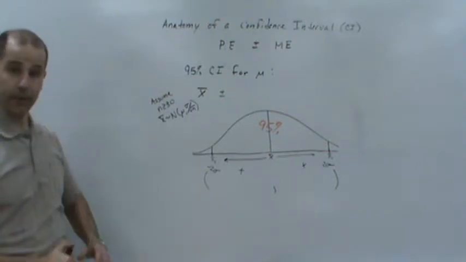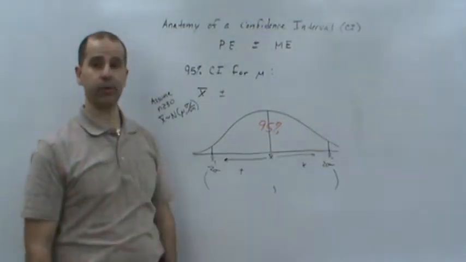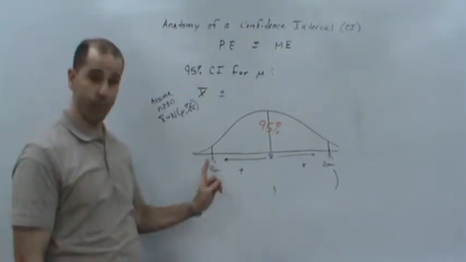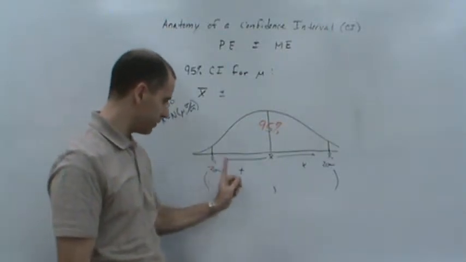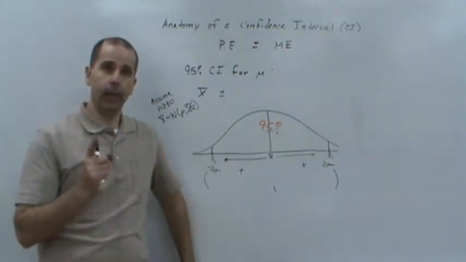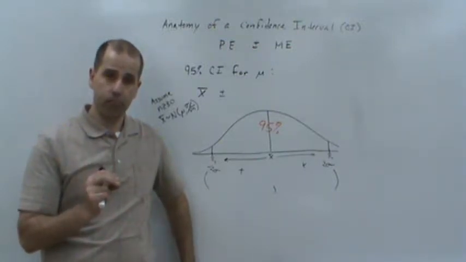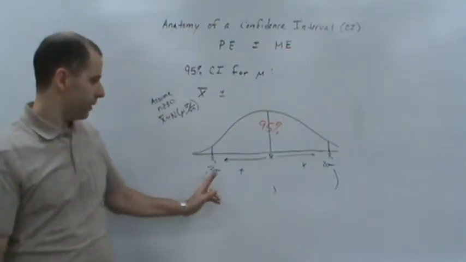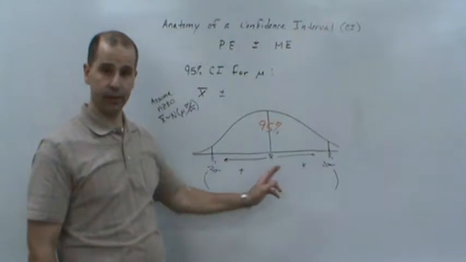And so here's the thing. If I construct this confidence interval where 95% of all of the values of X bar are between, I know, based on the normal distribution, that 95% of the values for X bar are going to be between this number and that number. Great. Is it also reasonable to think that I can be confident that the true average of the population, mu, will also be in here somewhere?